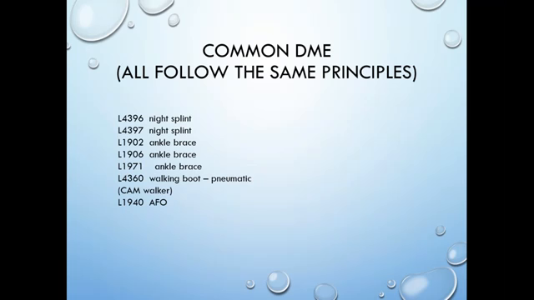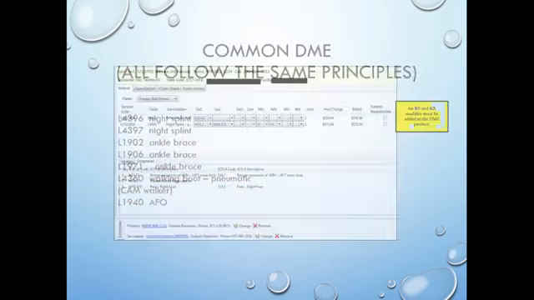You have to have the words like ankle joint instability, muscle weakness, etc. L4360, the typical cam walkers, and L1940, the ankle foot orthoses. These are the most common durable medical codes that we're seeing. Next, Alan.